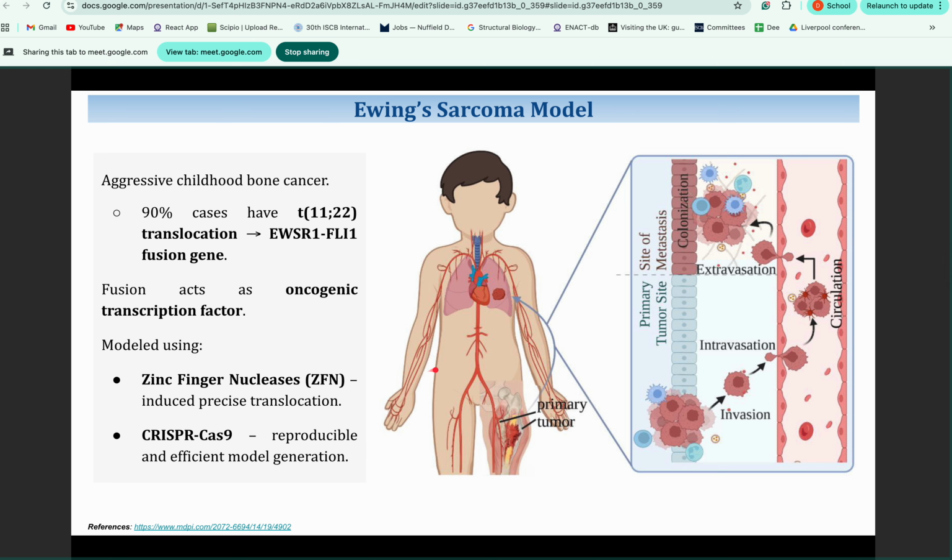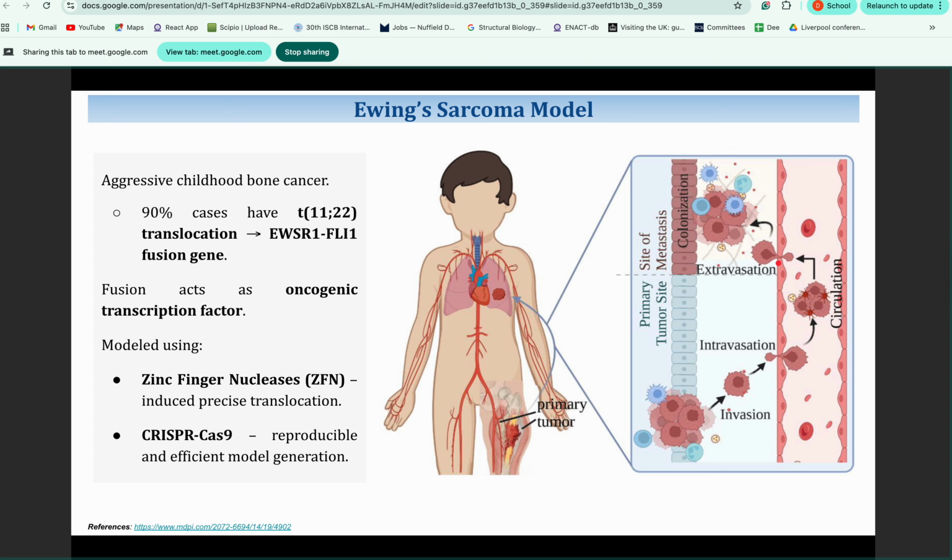Okay, this is showing you the primary tumor site and the site of metastasis. As I told you, the primary site could be different from the site of metastasis. Cancer cells can move from one tissue to other tissues. So this is the primary tumor site, from which the cancer cells enter the bloodstream, and from the blood they circulate to other tissue, and this is the site of metastasis.